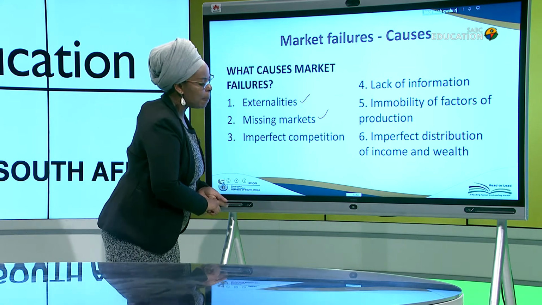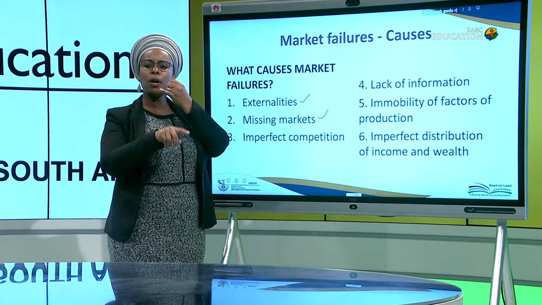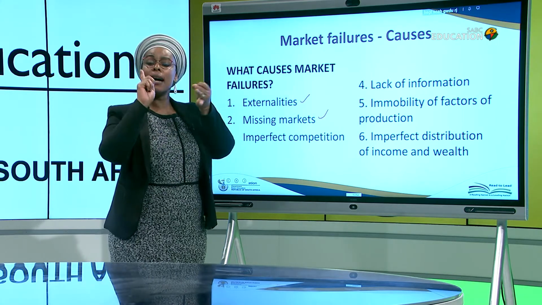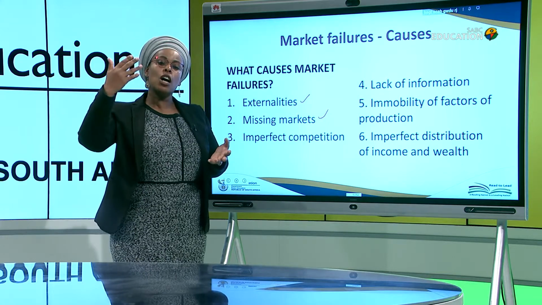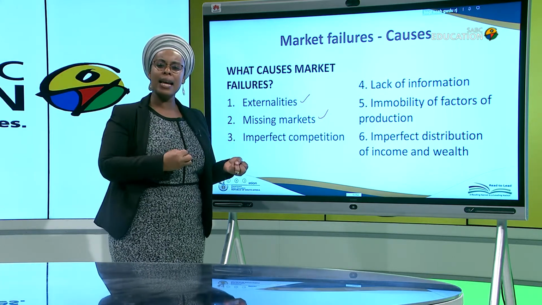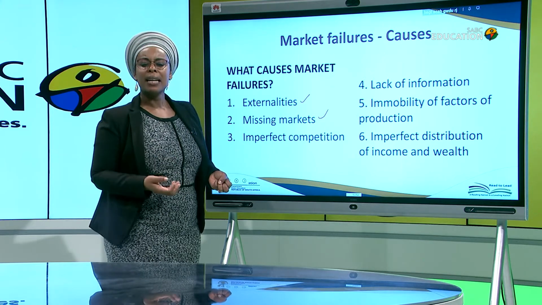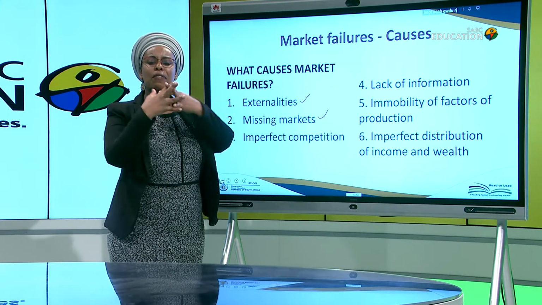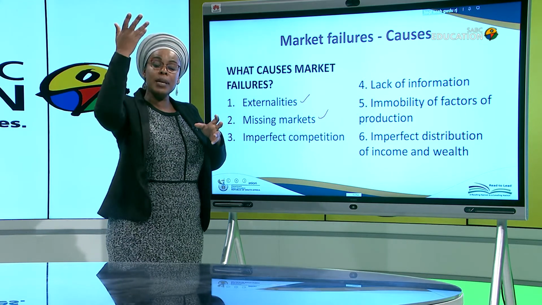Number 3, imperfect competition can cause the market to fail. Why? We have monopolies, which are imperfect markets. We have oligopolies and monopolistic competition. They have a tendency of limiting supply and making the price to go up. Oligopolies have a tendency of coming together and fix the prices and make prices to be high.